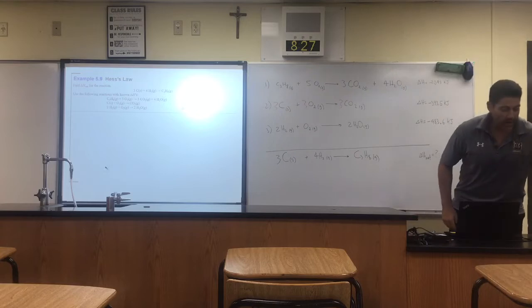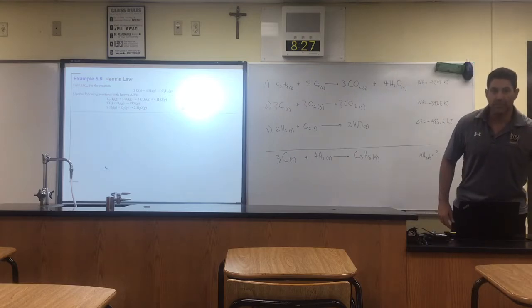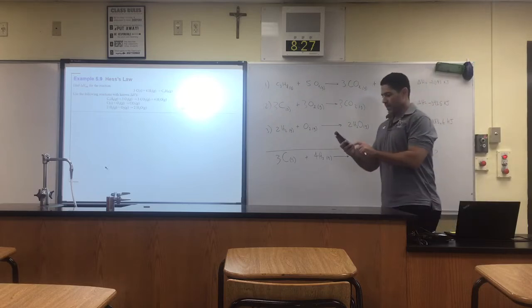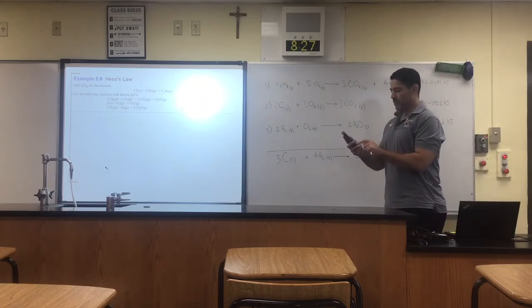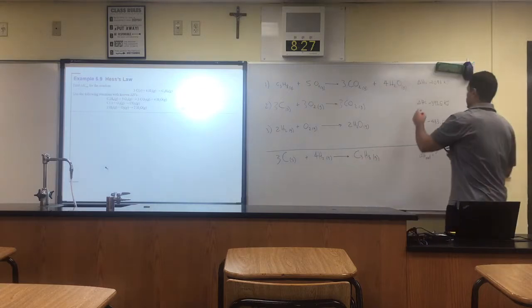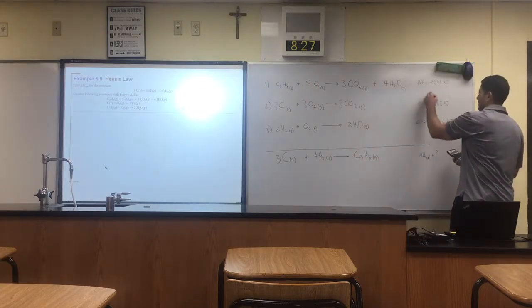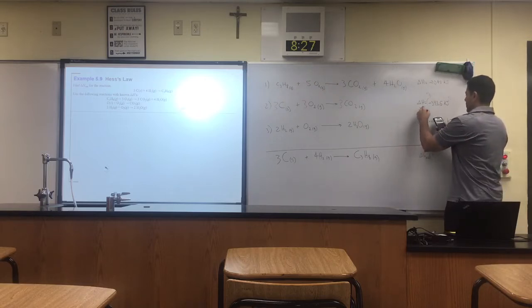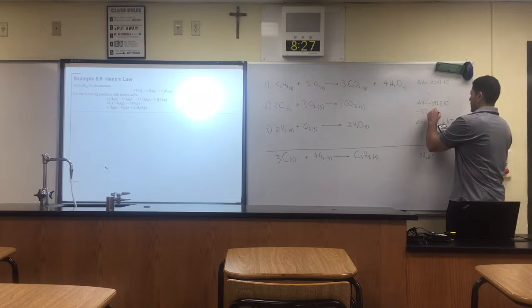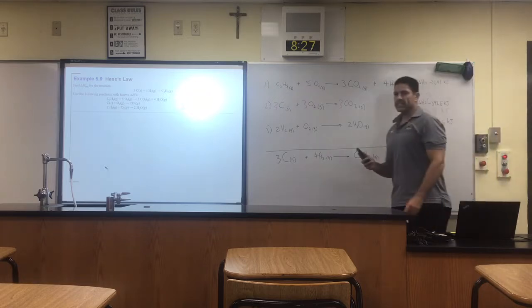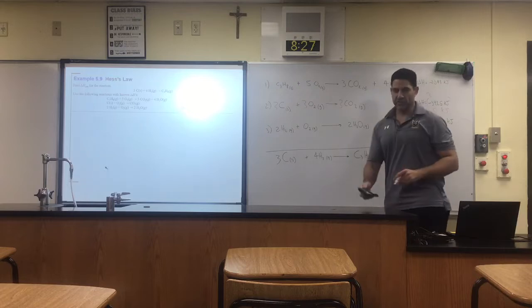Again, whatever you do to the equation, you have to do to the delta H. If you use your calculator, you take negative 393.5 and multiply that by 3 as well. Multiplying by 3, you get a delta H value of negative 1180.5 kilojoules. So that's the manipulation of the first equation.